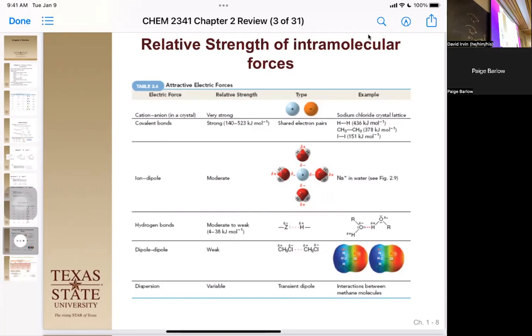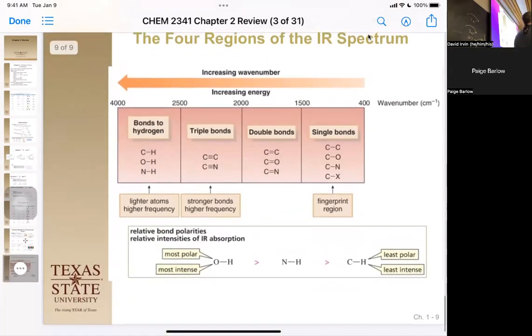The last thing we learned in chapter 2 was IR. Know your zones. Know what bonds are in which zone. The 4,000 to 2,500 region has only heavy atom hydrogen bonds: carbon-hydrogen bonds, carbon-carbon double bonded carbon with a hydrogen, carbon-carbon triple bonded carbon with a hydrogen.